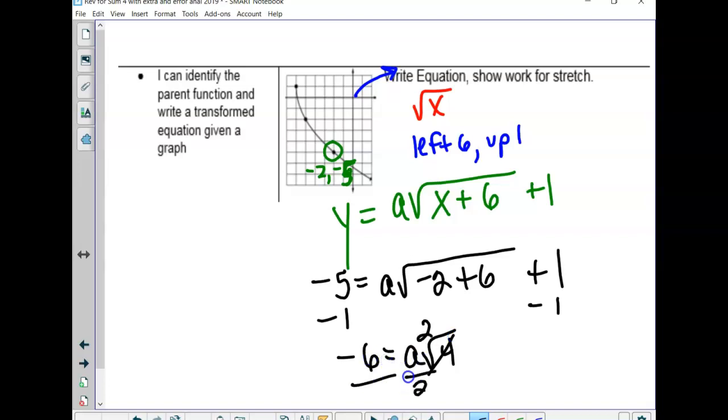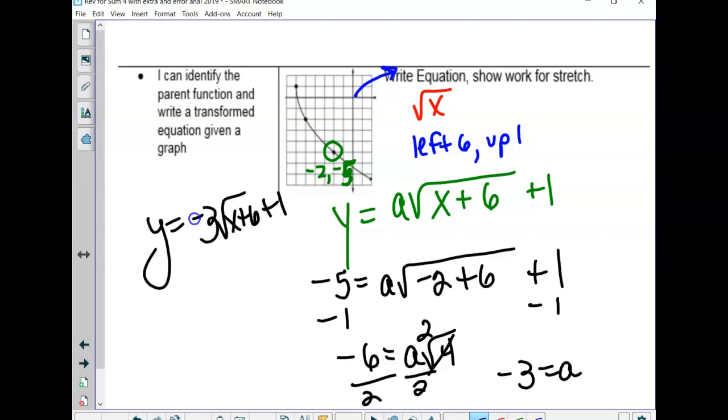If we divide both sides by 2, we get -3, which it was going down 3 and over 1 for the very first dot. Okay, but you should be able to show the work for that. Sorry, I wrote it kind of sloppy. Can you tell what it's supposed to be, your final answer?